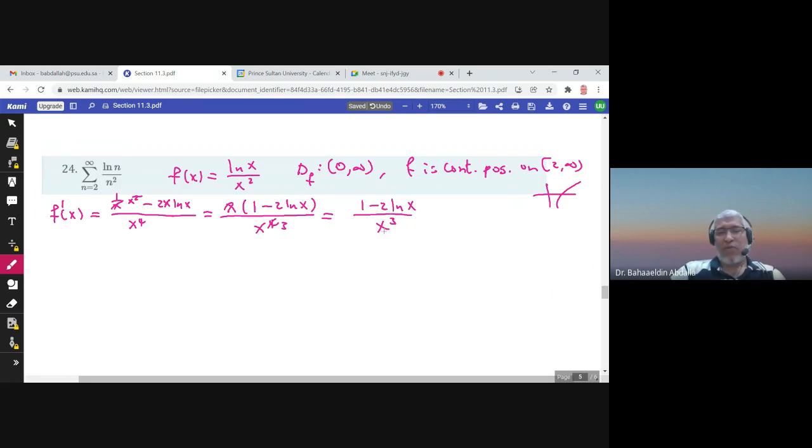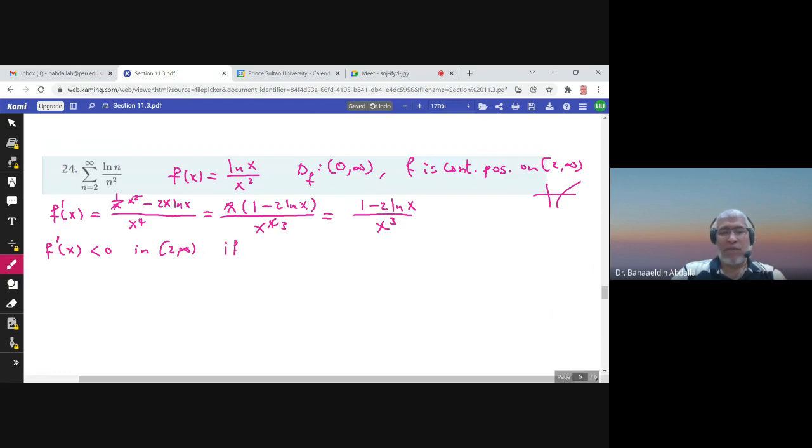Well, the zero of x cubed is 0. And from 2 to infinity, x cubed is positive. So the sign of f prime in the interval from 2 to infinity depends on the sign of 1 minus 2 ln x. So f prime of x would be less than 0 in the interval 2 to infinity.